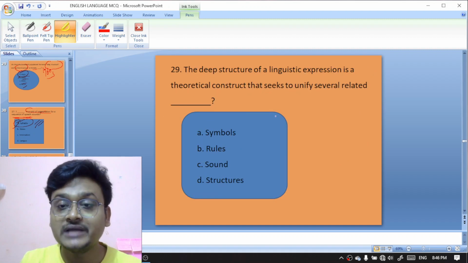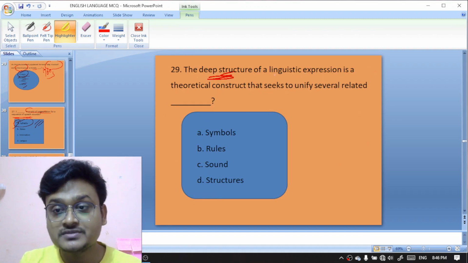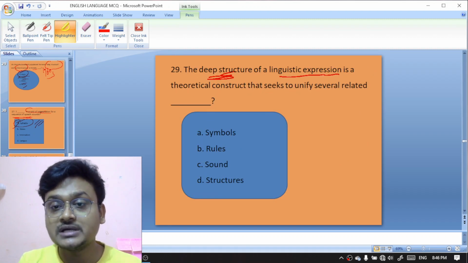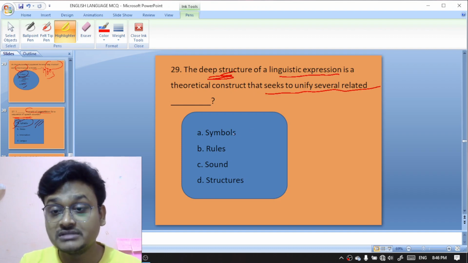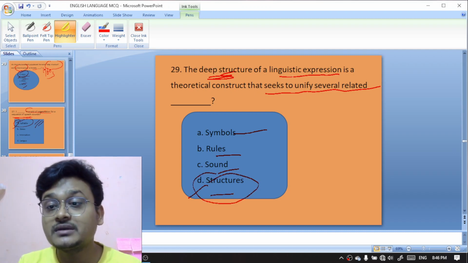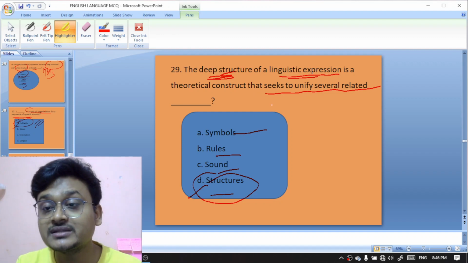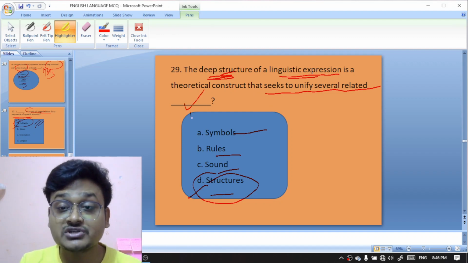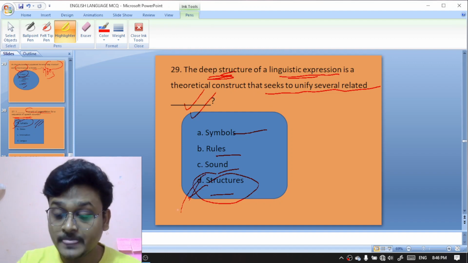Moving to question number 29 here. The deep structure of a linguistic expression, that is Noam Chomsky's idea, is a theoretical construct that seeks to unify several related structures. D is the answer here. Next question.